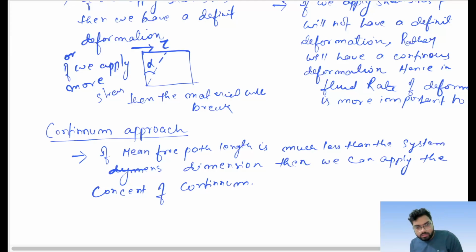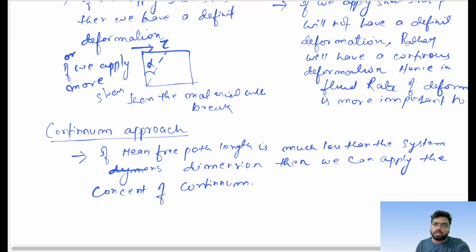So basically, what this means is that if the mean free path length is very small and the system length is much higher, that means there is a large number of molecules. And if there is a large number of molecules, the variation in parameters or randomness associated with the local molecules removes the effect in the average calculation.